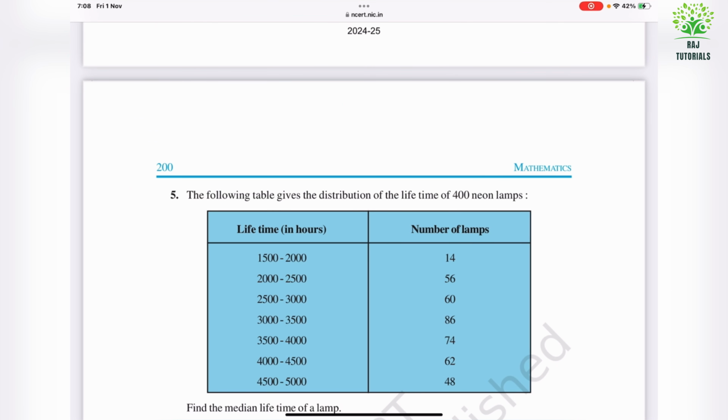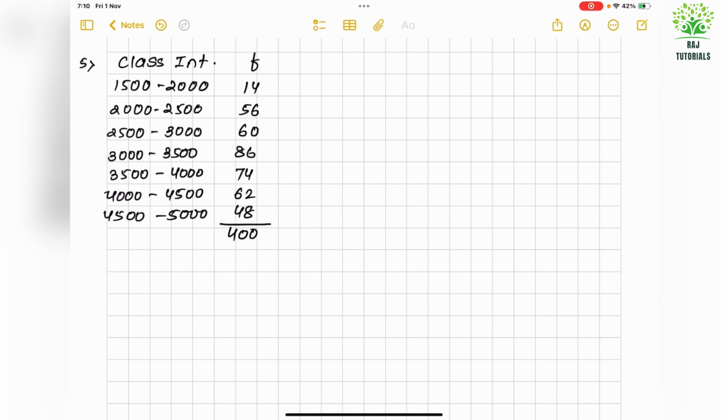Now fifth question says, the following table gives the distribution of the lifetime of 400 neon lamps. So find the median. So table is given, I will need to find CF. So CF will be 14, 70, 130, 216, 290, 352 and 400.